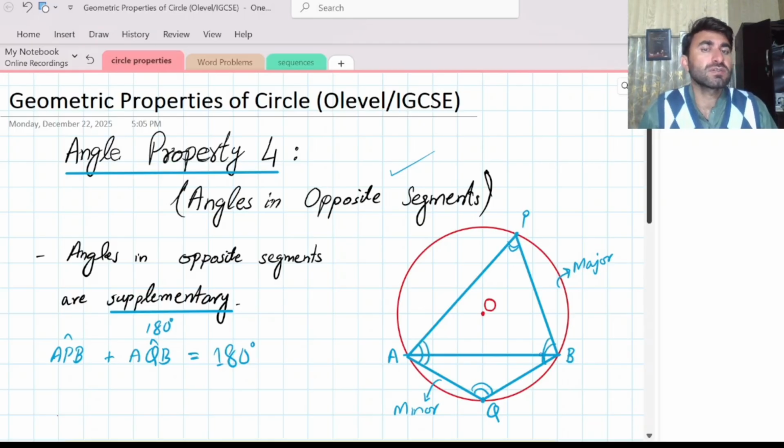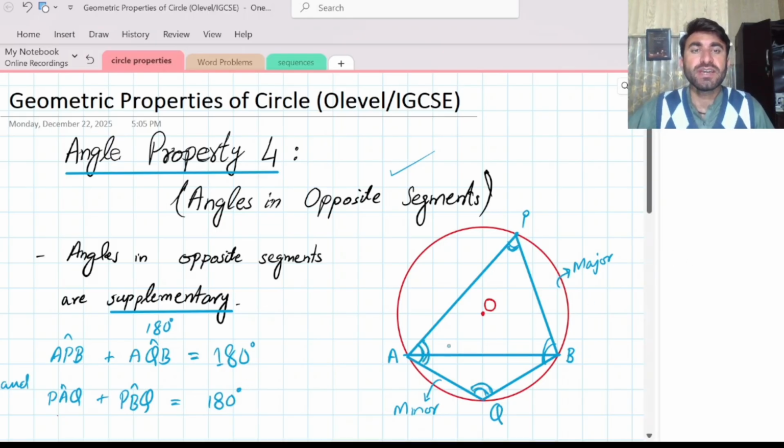So these are also supplementary, like PAQ and PBQ. So we can also say that PAQ, angle at point A, plus PBQ, which is angle at point B, they are also supplementary, mean they also add up to 180 degree.